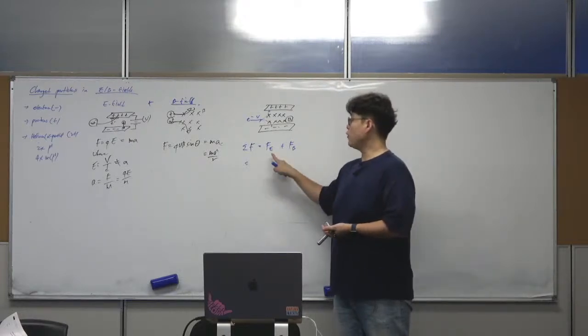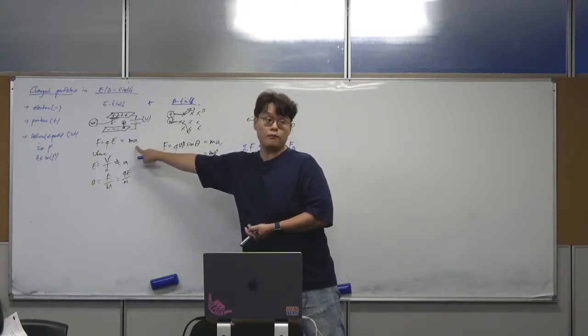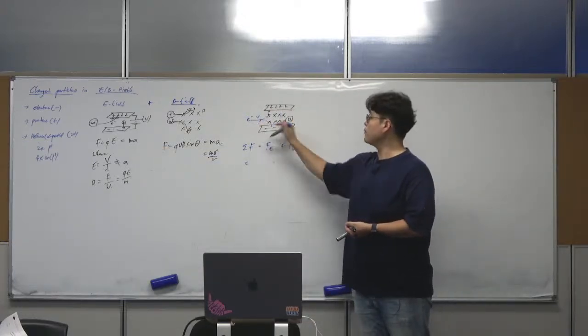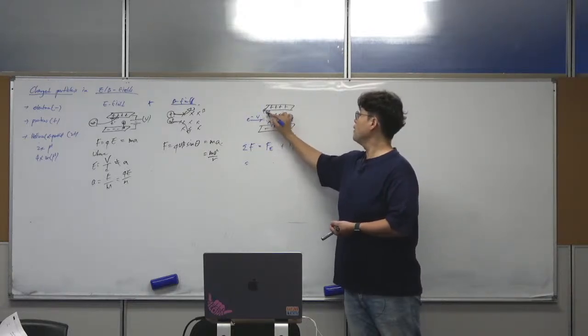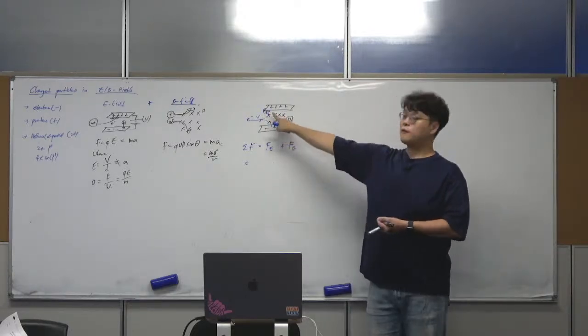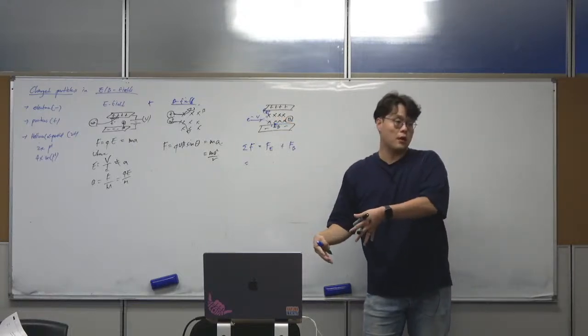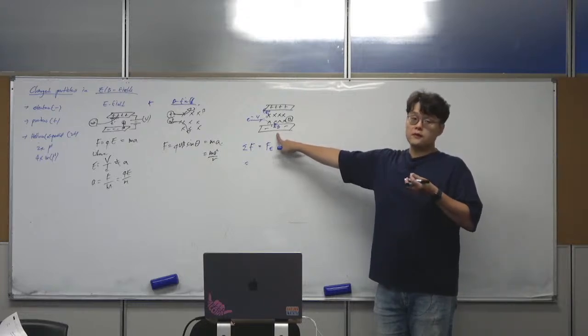Now, what is the force from the electric field? That can be calculated. But considering the direction, this is FB, that's FE. The direction of the force due to the electric field is upwards, so we take that as the positive direction. However, the force due to the B field is negative because it's downwards.